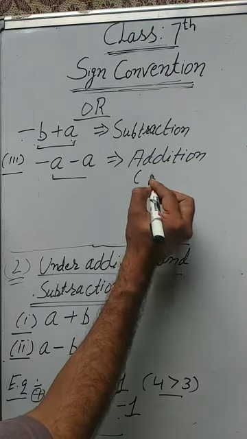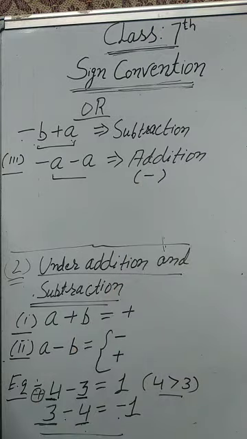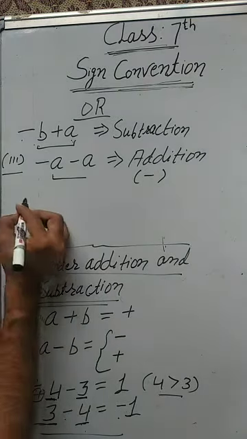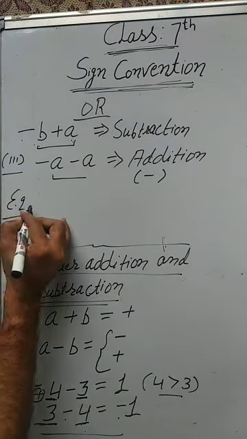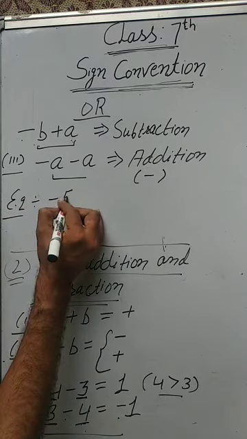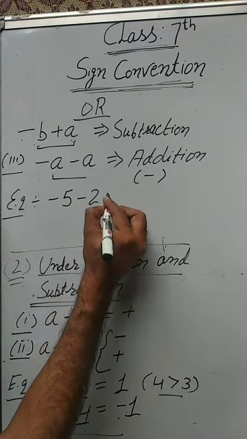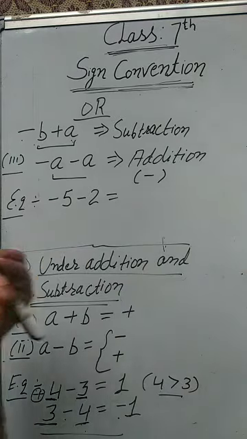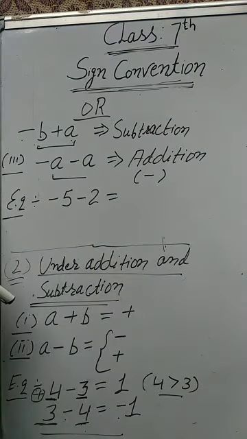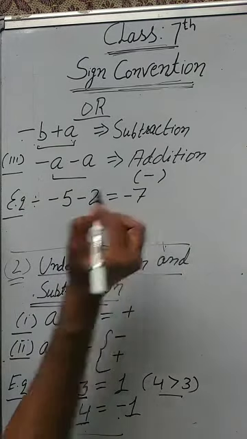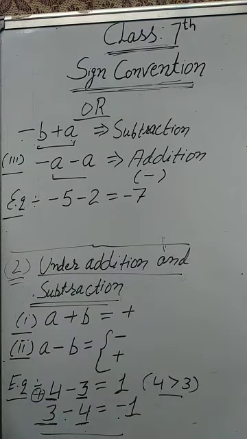But sign will be negative, minus. For example, if you have two numbers minus 5, minus 2, then clearly beta 5 plus 2 is equal to 7. But sign will be a negative. Clear? Take care about this sign convention.